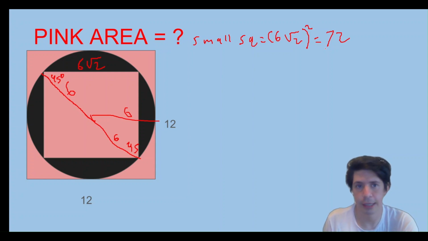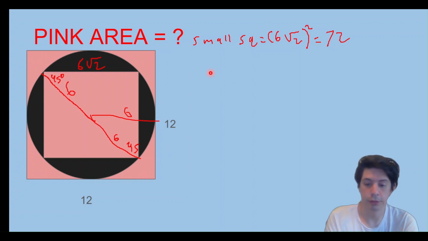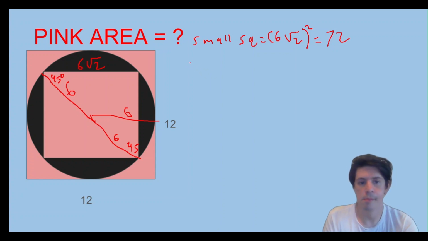And then we're going to do the area of the pink on the outside, which is right here, this, and this, and this, and this. We're going to do that by doing what we did last time. So the big square is 12 times 12.